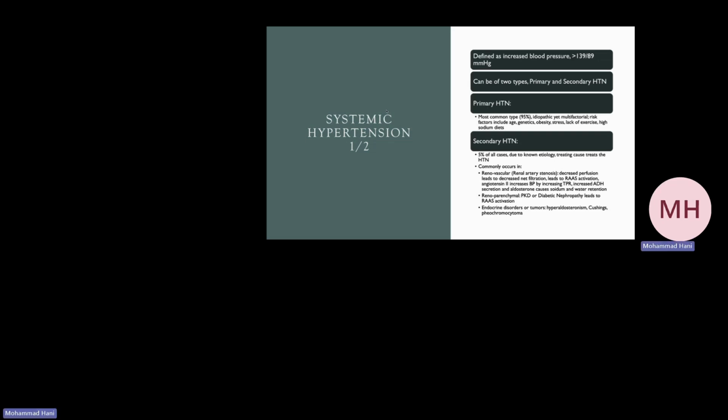So it causes the reabsorption of sodium in the kidneys, and with sodium, water also gets held back into the body. Increased water increases the amount of fluid in your blood, and that also increases blood pressure. So that's one way you can get secondary hypertension because of renovascular disorders.